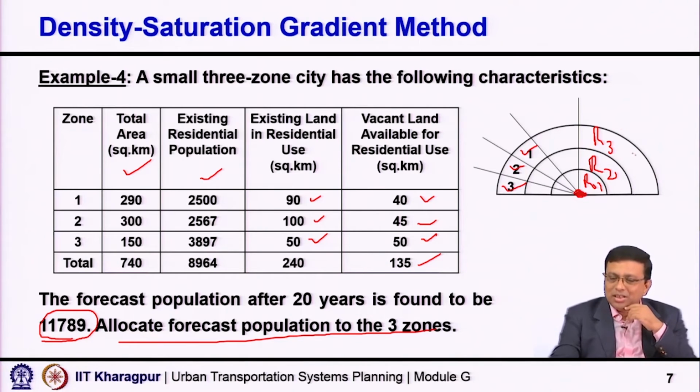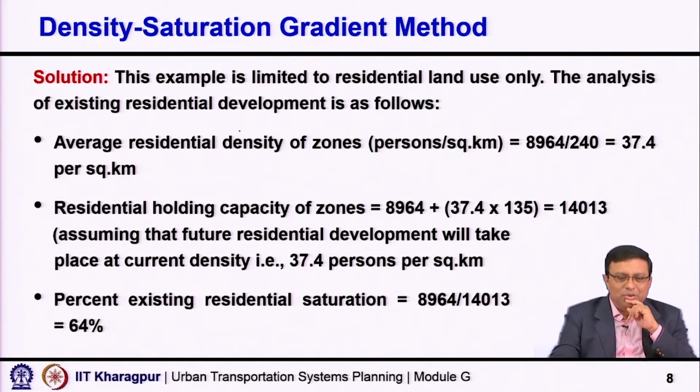But we are considering that all these 3 zones are in one ring. So, we are not directly considering the change in density gradient. So, what are we trying to get? We calculate the average residential density of all the zones.